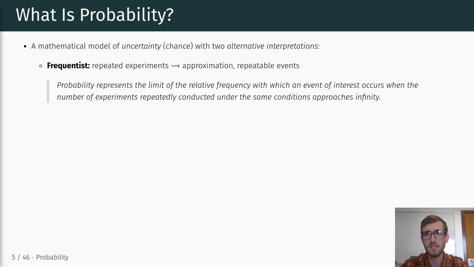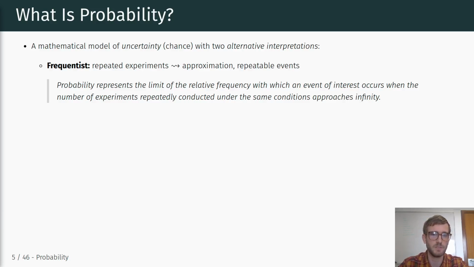So what does it mean that the probability of Trump or Biden winning the election prior to November 3rd was about 90%, right? It's not like we can rerun the election 1,000 times or 1,000,000 times and then approximate this relative frequency of Biden winning and use that as a probability. So with these one-time events, it's difficult to think about probability from a frequentist perspective.